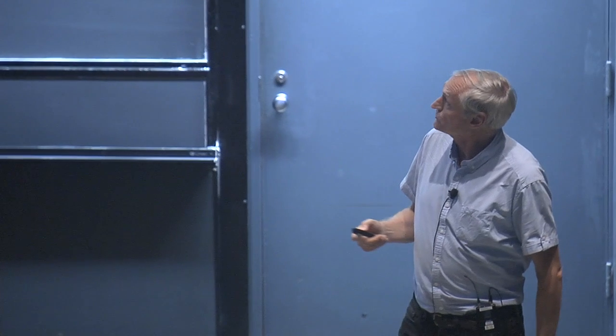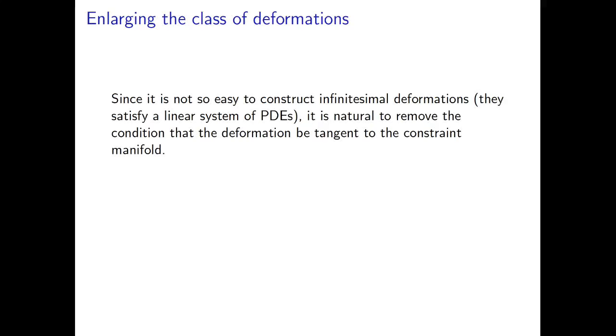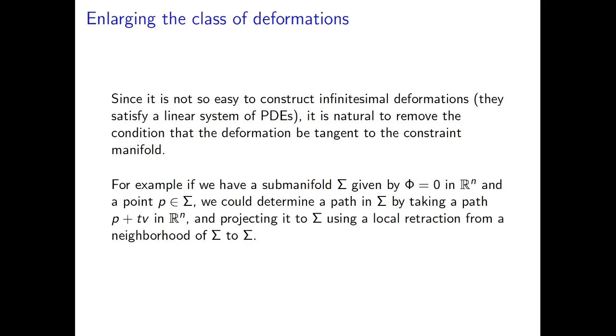And so what you could try to do is remove the idea that the deformation you're looking for actually satisfies the linear system of equations. Instead, you could try to specify a deformation which is only transverse to the constraint manifold. You could then construct approximate solutions and try to project into the constraint manifold. And so you can also generalize the idea in that sense, and then you can combine the two.